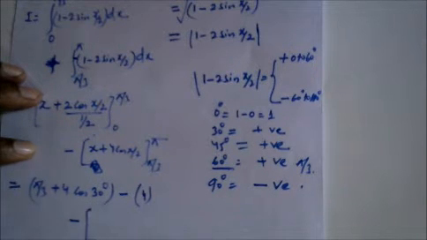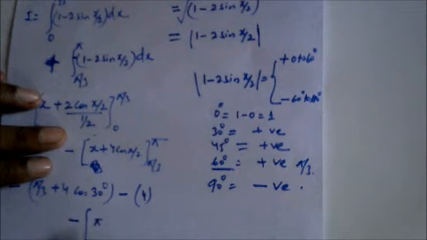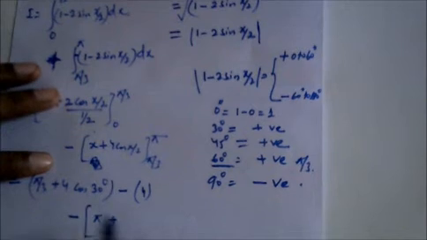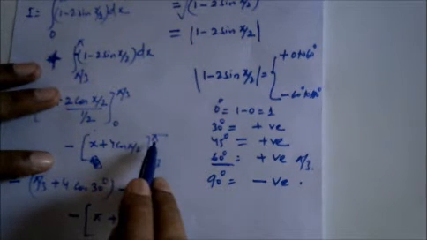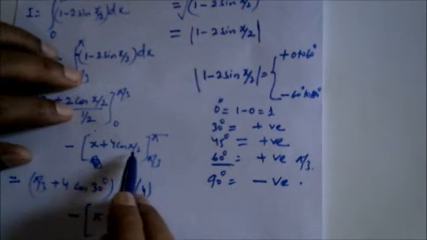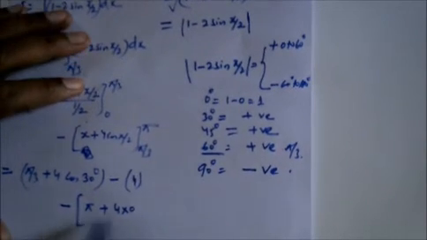Next one, minus here, so x value is pi plus 4 cos, so pi is what? 180 degree. 180 degree divided by 2 is what? 90 degree. Cos 90 degree is equal to what? 0. So it will become 0. Okay.